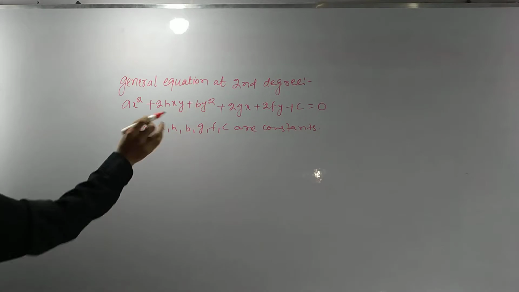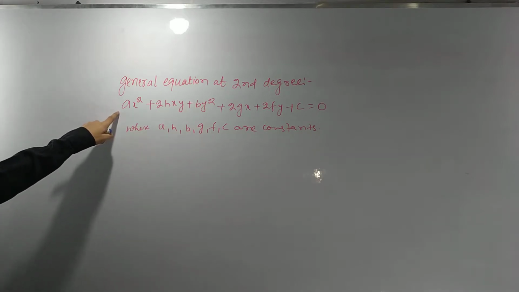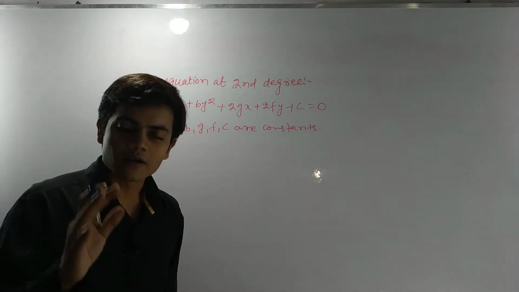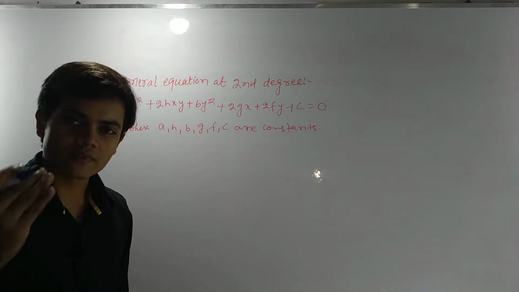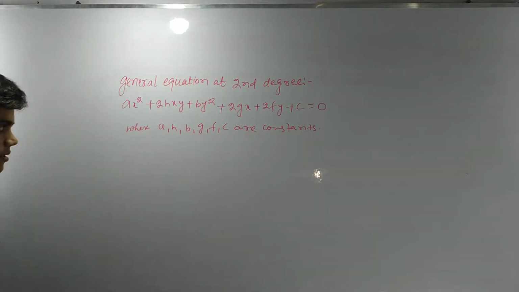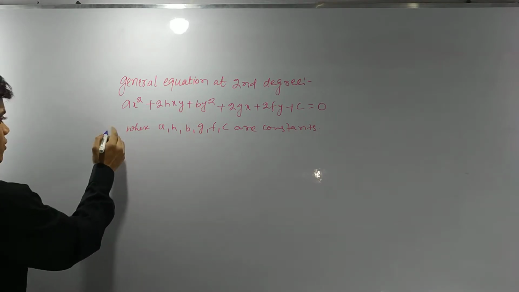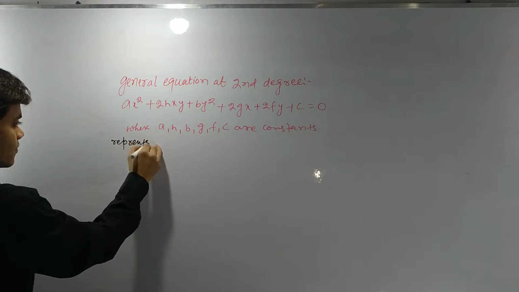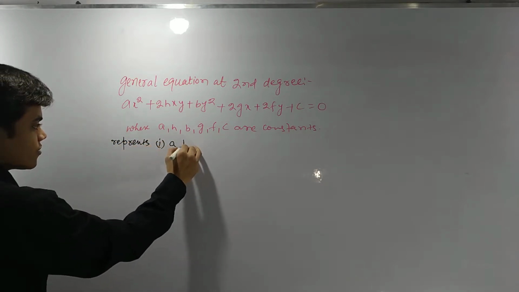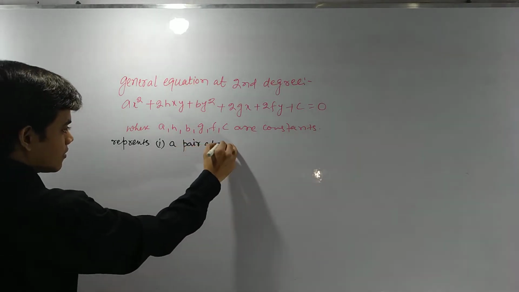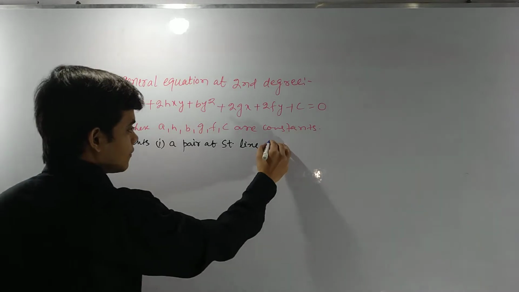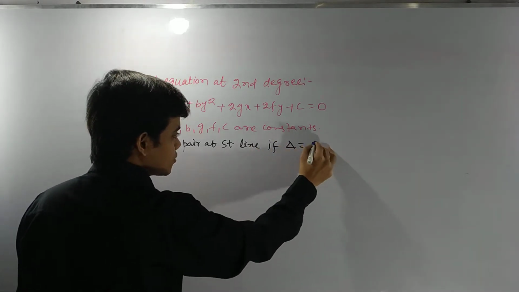Then this equation represents different curves like pair of straight lines, circle, parabola, hyperbola, ellipse, rectangular hyperbola and all these things. So first of all, this represents a pair of straight lines if delta is equal to 0.